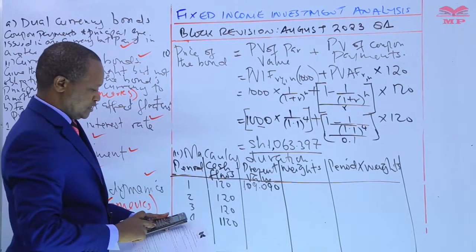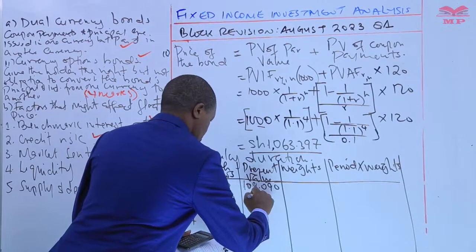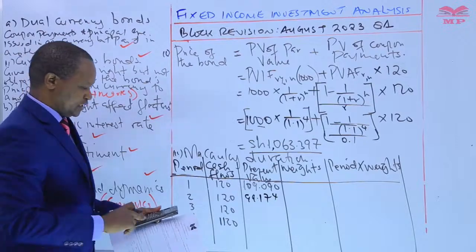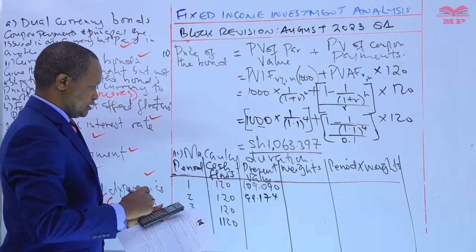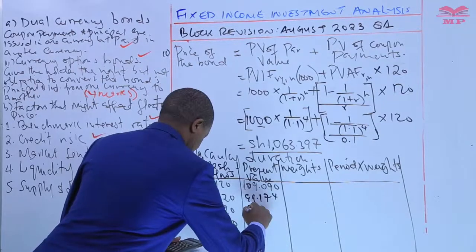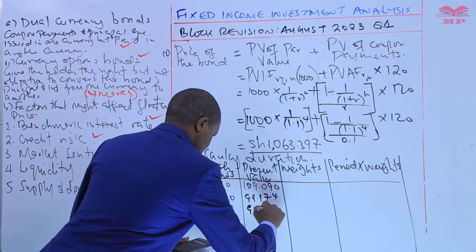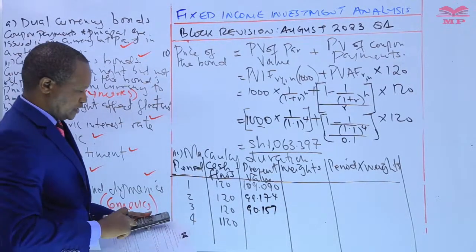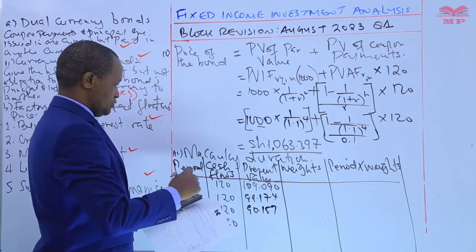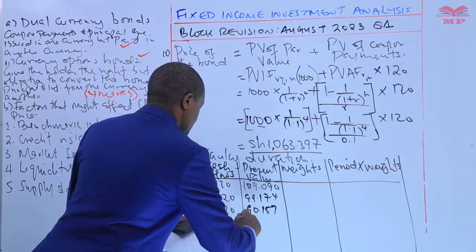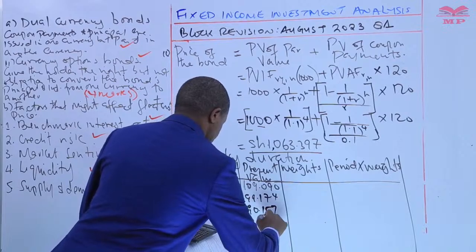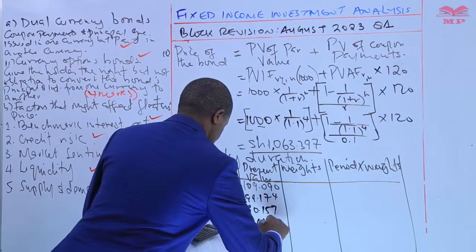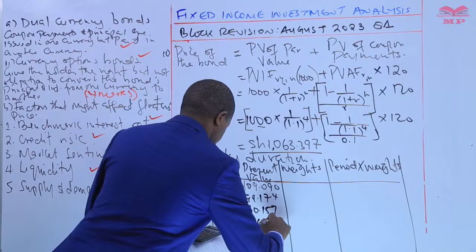Second year is 99.174. Next, raised to 3 years, 90.157. Next, I have the 1,120, 764.9. This is 975.